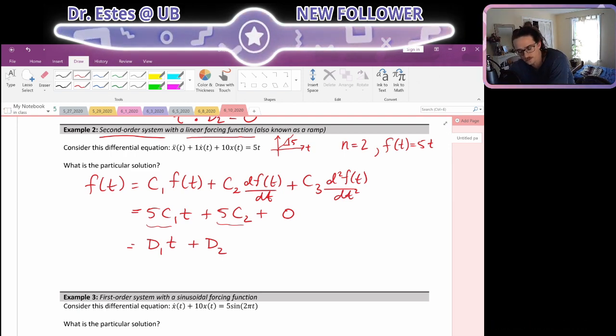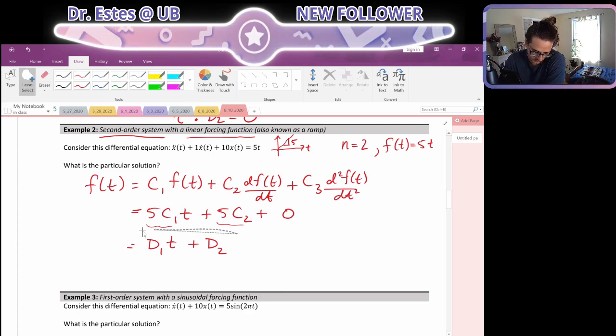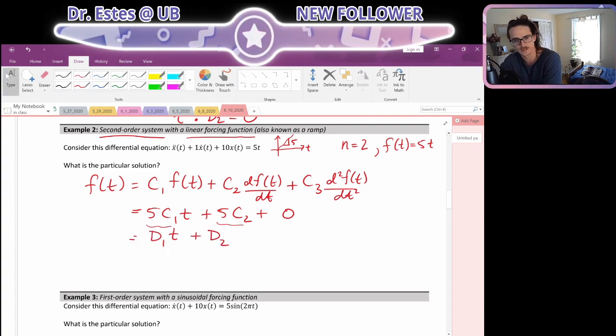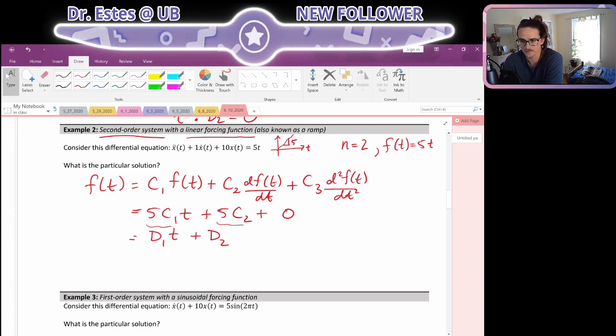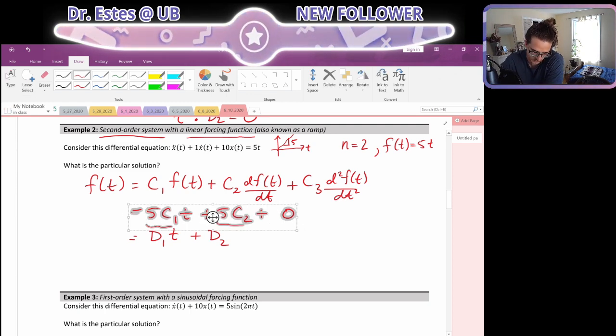And let's solve for d1 and d2. We're going to do the same thing as last time. And it's going to work. My optimism is going to win out.